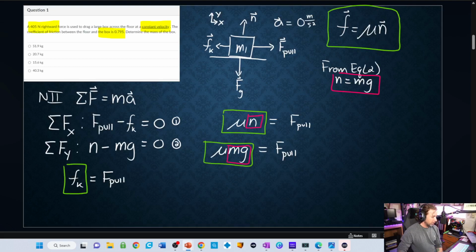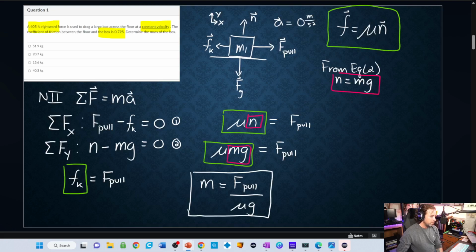So we got a mass term now, so let's solve for it. That's what the question is asking us for. So we divide by mu g on both sides. So m is equal to F pole over mu g. And here is my final expression. So we go through and we say, well, do I know the force of the pole?